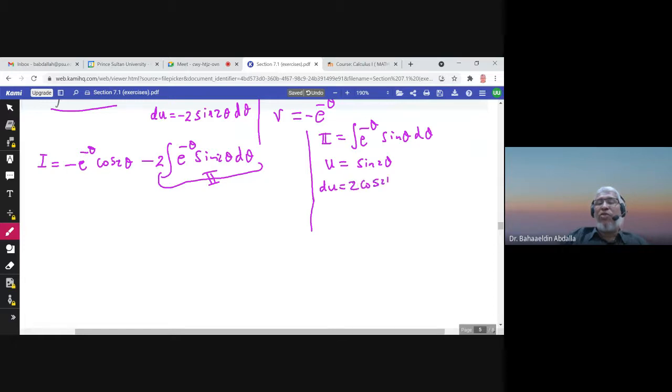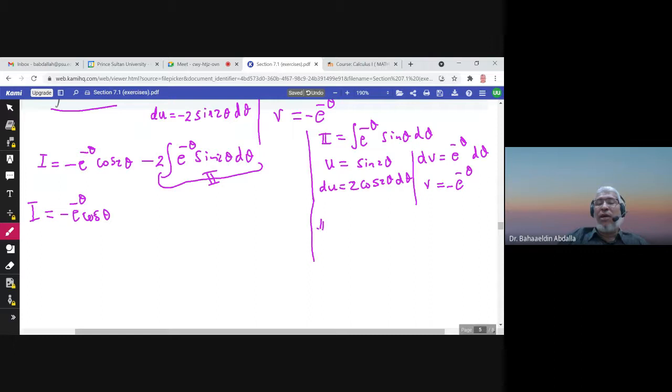So cosine 2 theta times 2 d theta. Well, dv would be e to the power negative theta d theta, and v is the integral of e to the power negative theta, which is the same multiplied by minus.